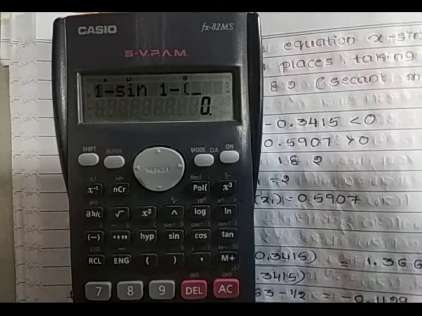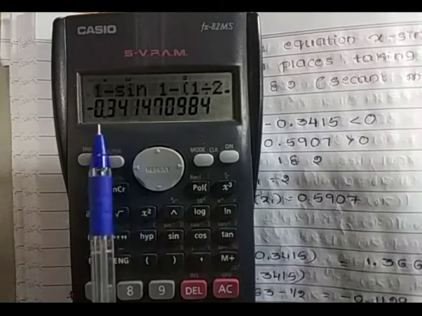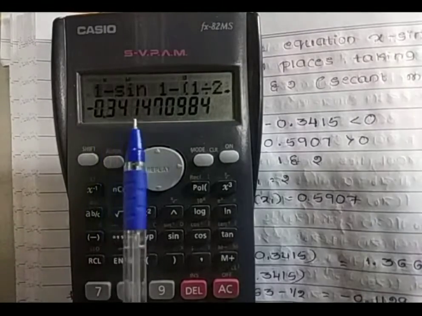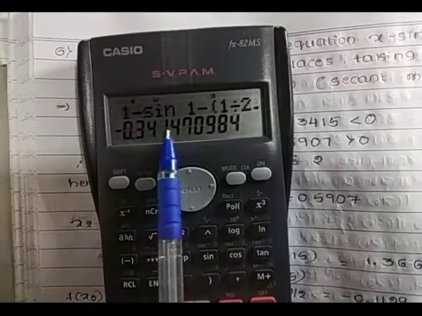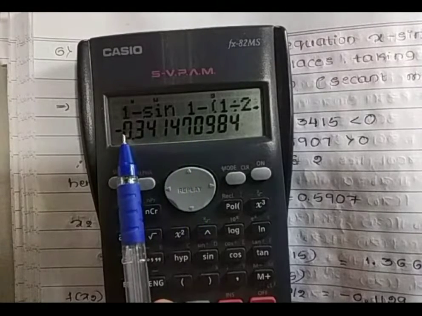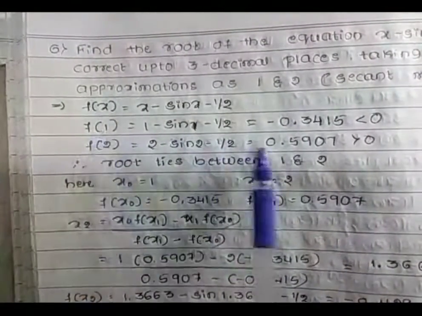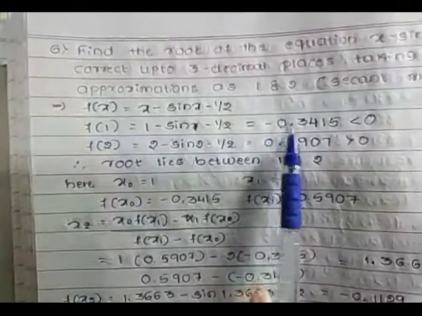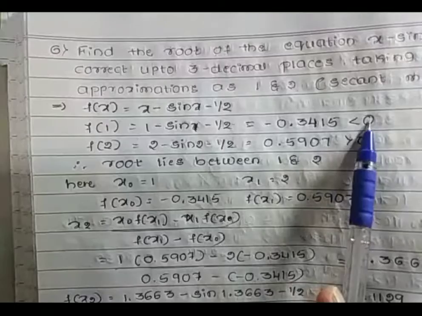So using bracket, 1 divided by 2, complete the bracket, then we'll get here minus 0.34147. Considering 4 decimals, 7 is there, therefore round it off. This will be minus 0.3415. So we can consider here f of 1 value as minus 0.3415, negative, so less than 0.